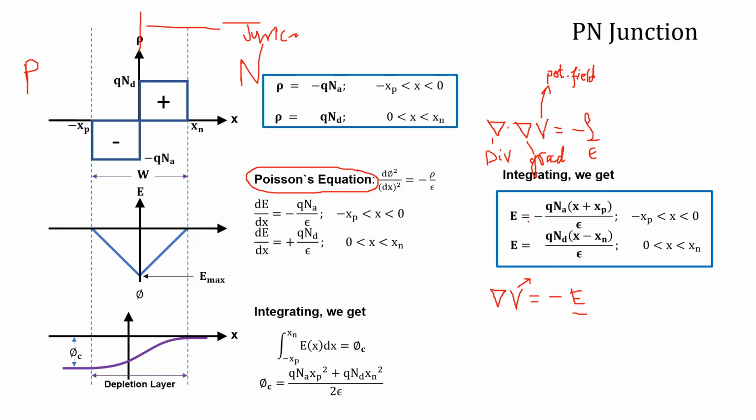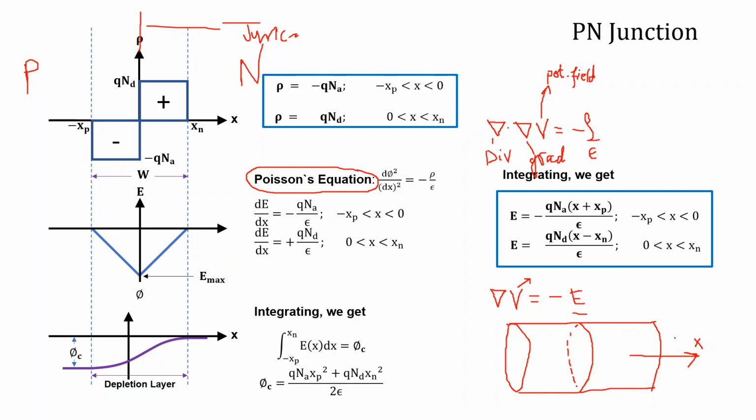So in our case, when we are talking in three dimensions, we are concerned with the distribution in x direction only, right? So if this is your PN junction material, we are concerned with only this x direction.